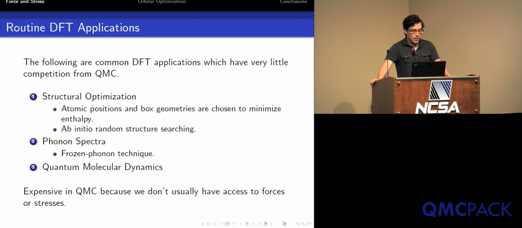And additionally, DFT is used pretty heavily in things like quantum molecular dynamics and its various generalizations. So what we'd like to do is use QMC in many of these applications because of its superior accuracy in quite a few applications.